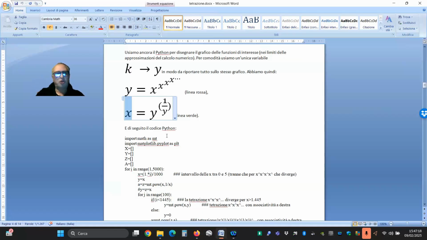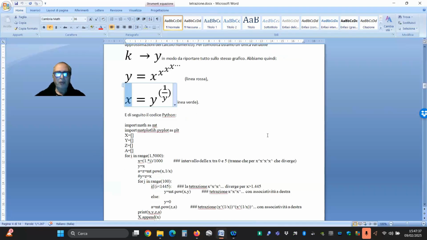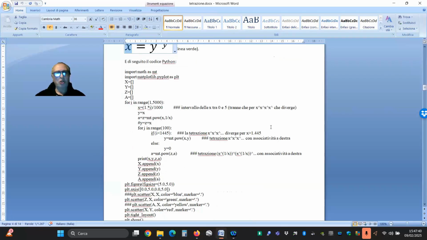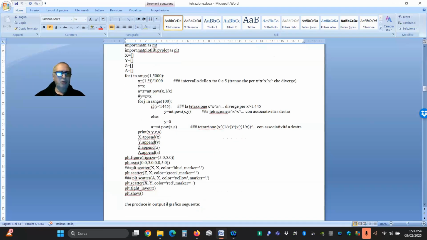We can perfectly well calculate this function with y equal to x, as if it were a normal function, let's say, with y as a function of x, and then swap the terms when we either visualize the graph or use the data within vectors to use the numerical values we are interested in. So a computational trick that helps us overcome a mathematical problem in this case. You will find this used in this code.